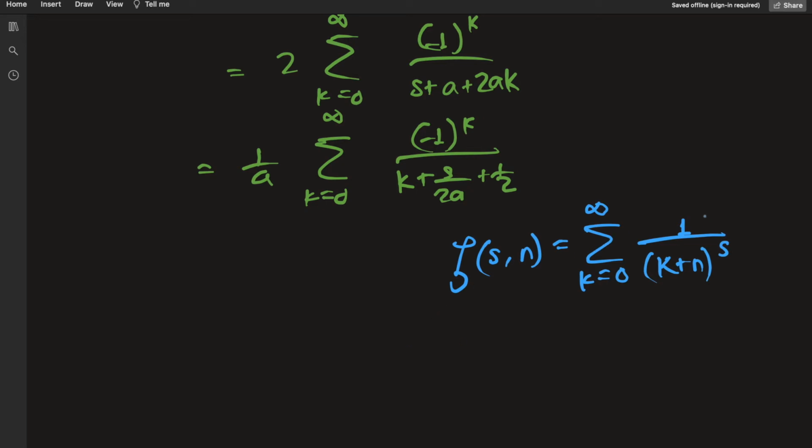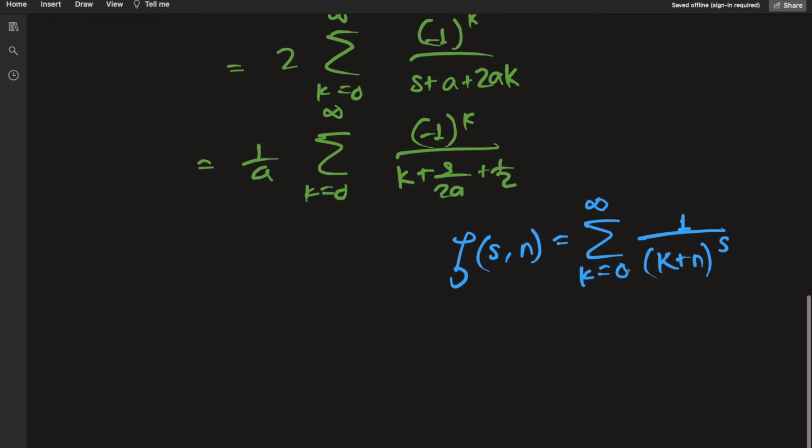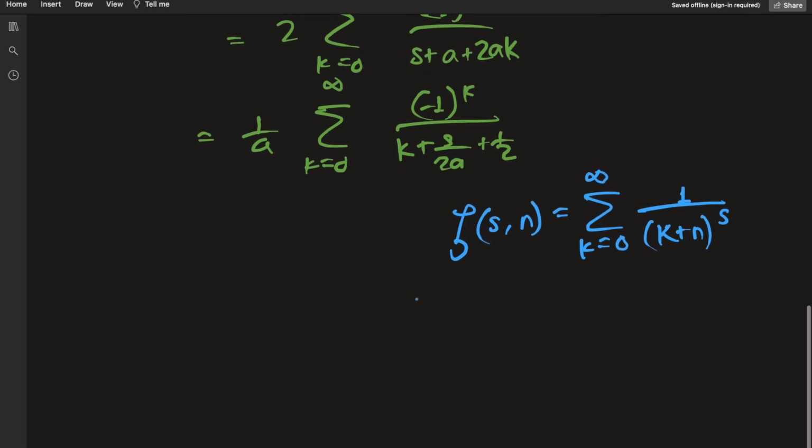But now we are just sort of generalizing this process in what's called the Lerch transcendent.